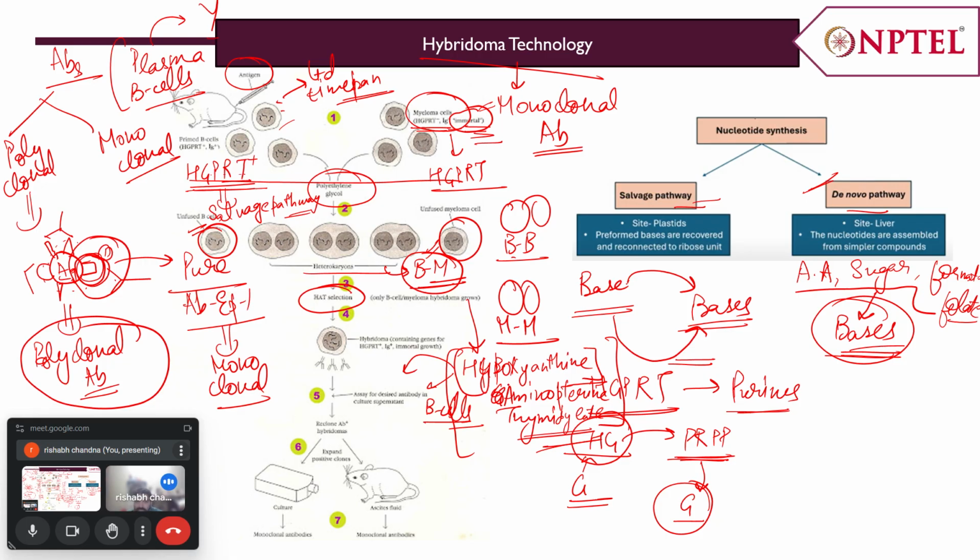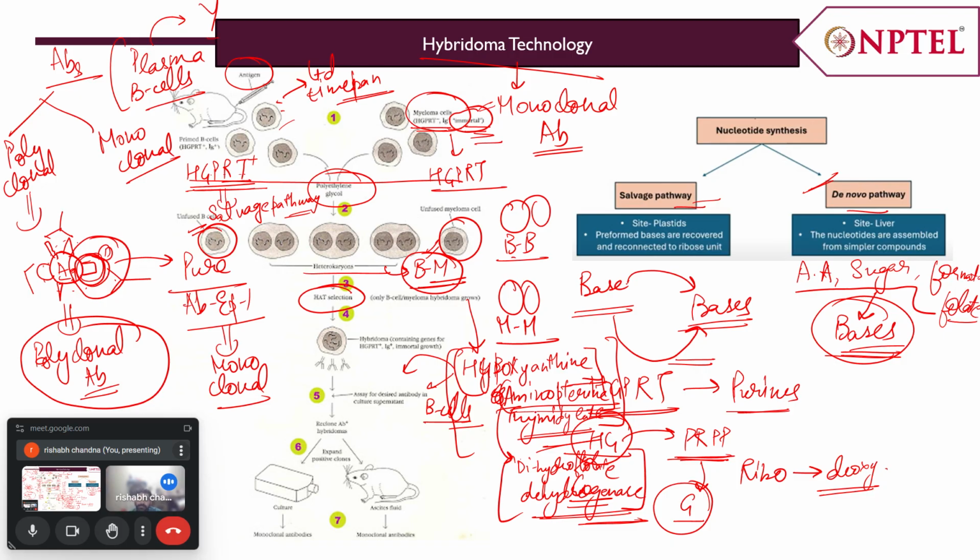Now coming to aminopterin. Aminopterin is an inhibitor of dihydrofolate dehydrogenase, an important enzyme involved in the conversion of ribonucleotide to deoxyribonucleotide.